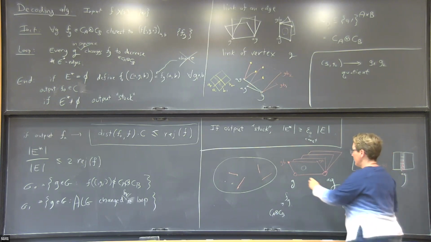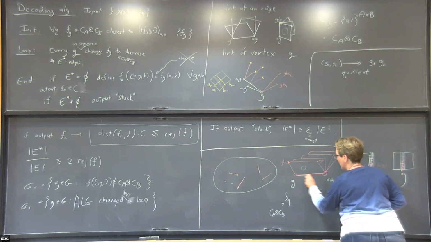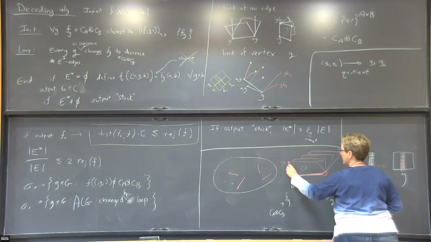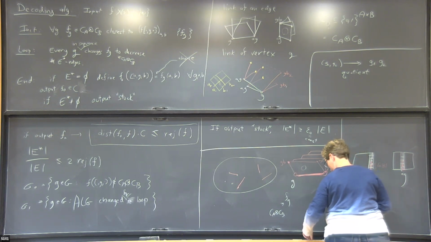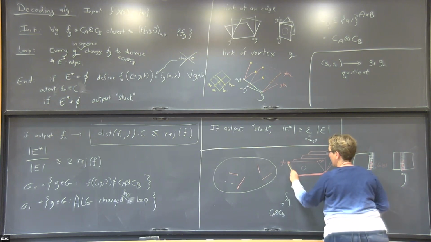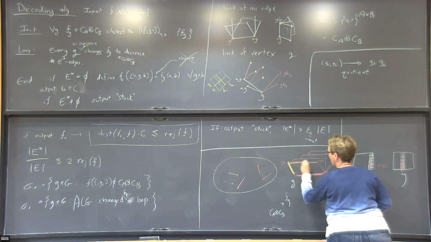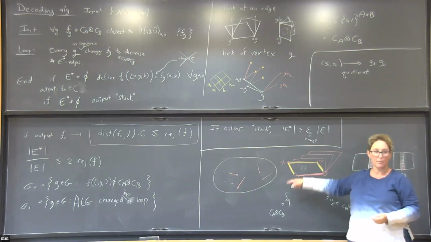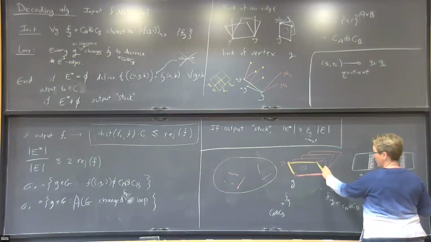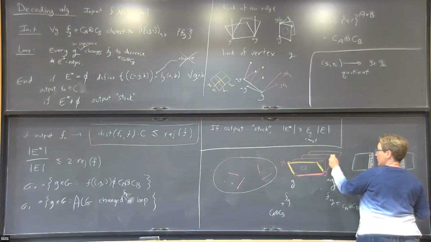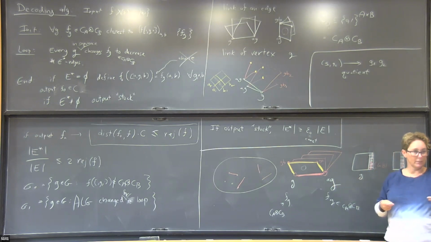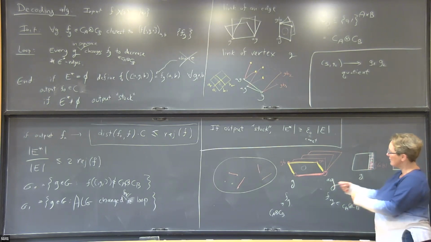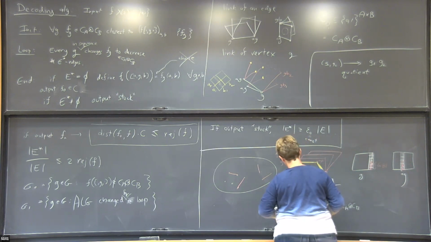So for every red edge here, I must have either this guy in E star, or this guy, or maybe more than one, but at least one of these three. And also, for delta naught of these squares, the same thing happens. So you already see some propagation going on.